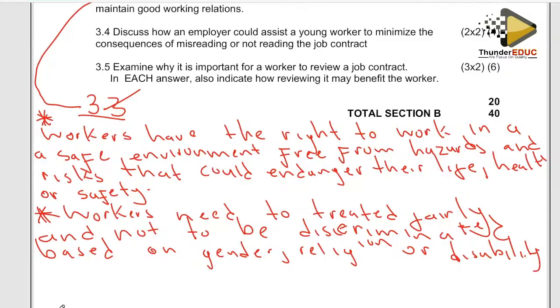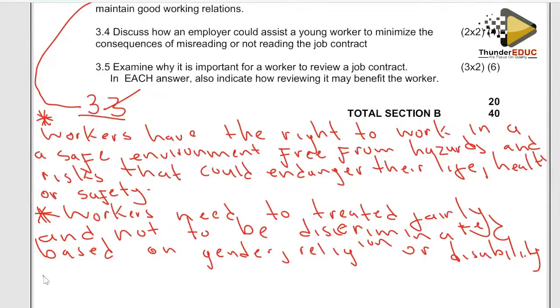You can also say that workers are entitled to join trade unions or be part of the collective bargaining process. So all those are workers' rights which the employer should honor. Now moving on to 3.4 rather.